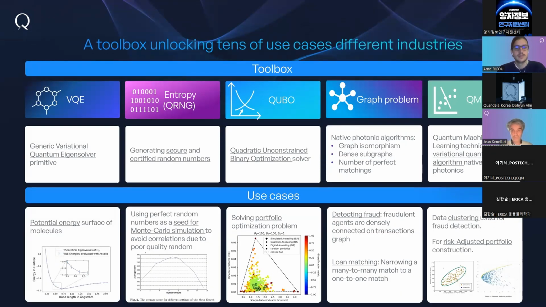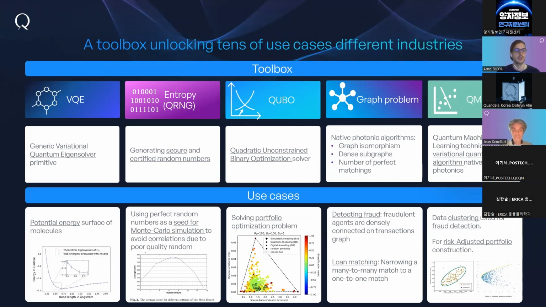So the idea of the toolbox, and why it's interesting for our users and even for you if you'd like to play with it, is that each of these toolboxes and algorithms will unlock tens of different use cases.